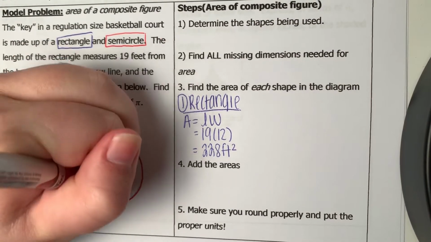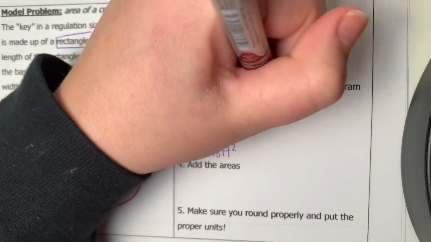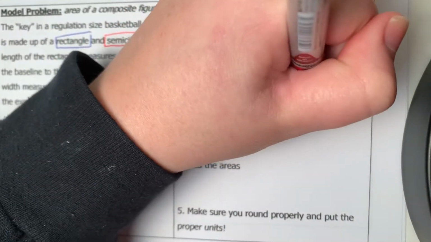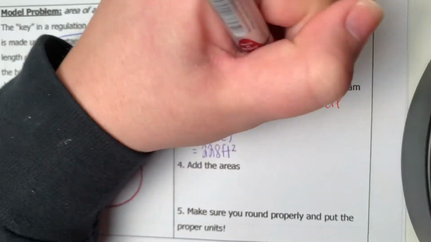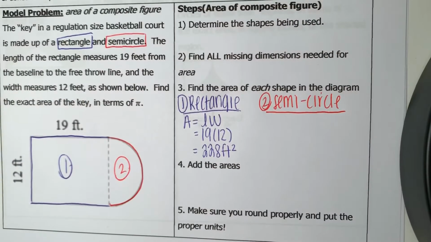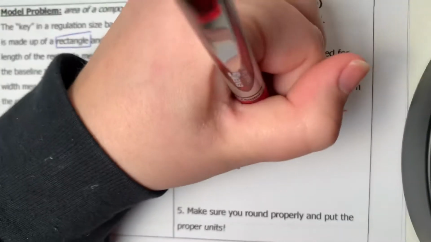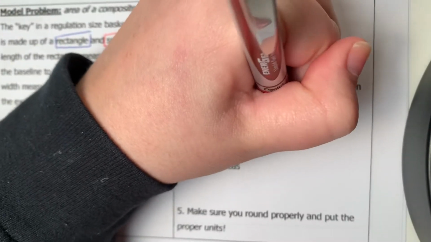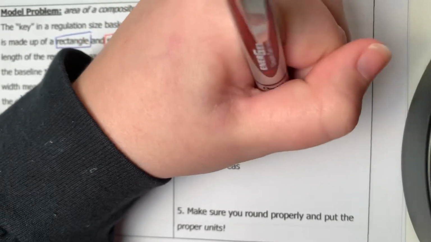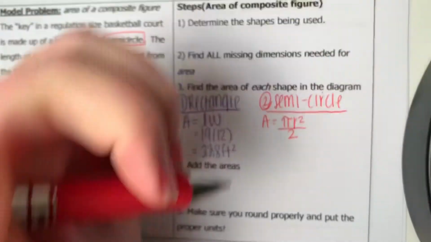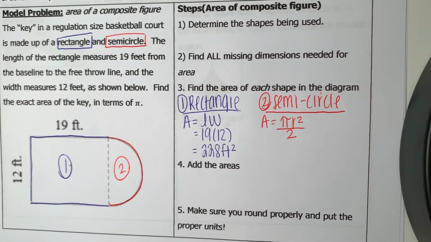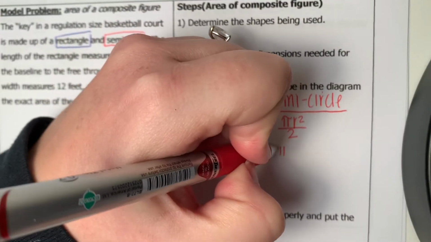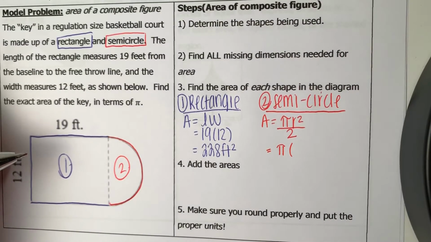Our second figure is the semicircle. Okay, and so now the area of a circle is pi r squared, but because we only have half a circle, we're going to divide by 2, just like we did for perimeter. So this means we're going to have pi times the radius.